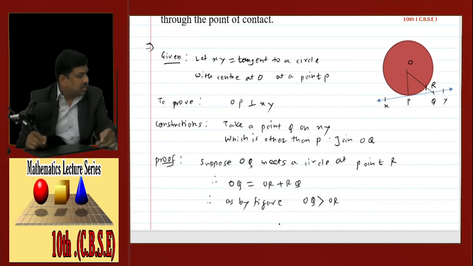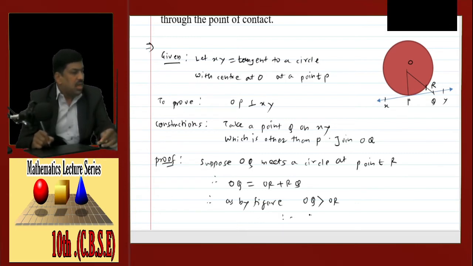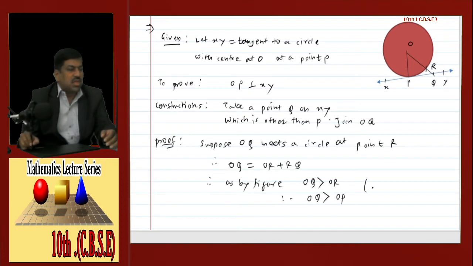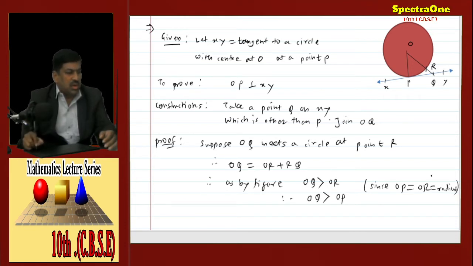Similarly, OQ is greater than OP. Why this? Since OP is equal to OR is equal to the radius. OR is also a radius, OP is also a radius. So OQ is greater than OP, right?